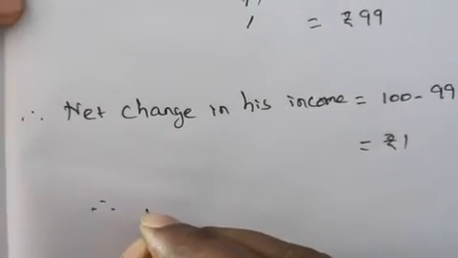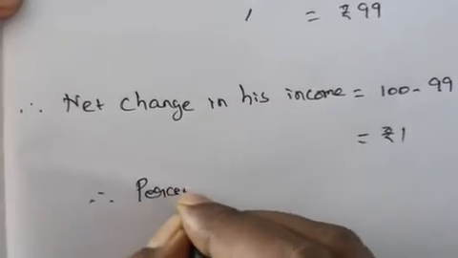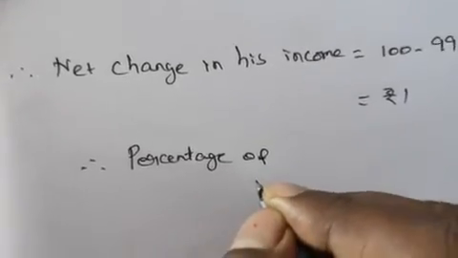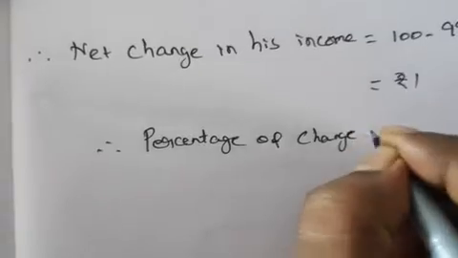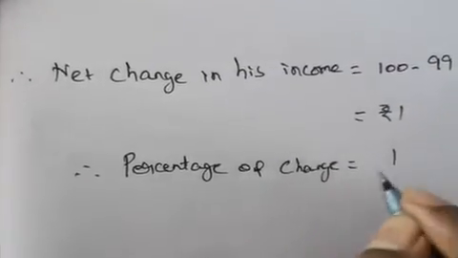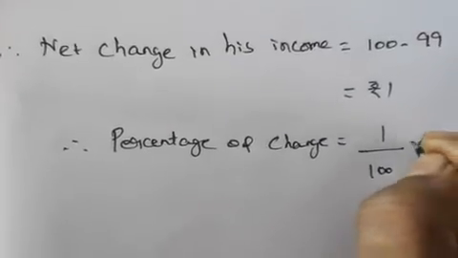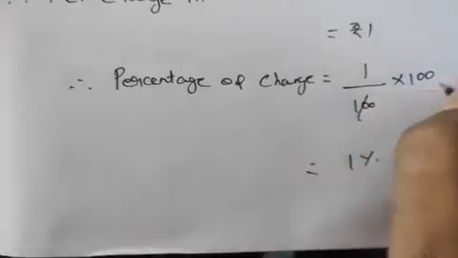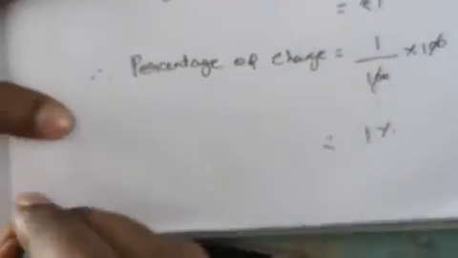Therefore, percentage of change. Because they ask the change, percentage of change is equal to 1 by 100, initial amount, into 100. Therefore 1 percentage. 100 and 100 cancel, then percentage is equal to 1 percentage.